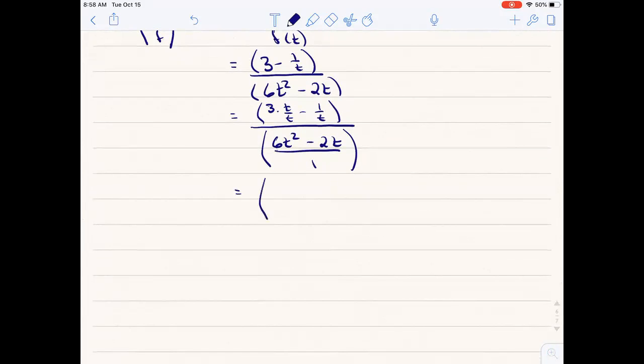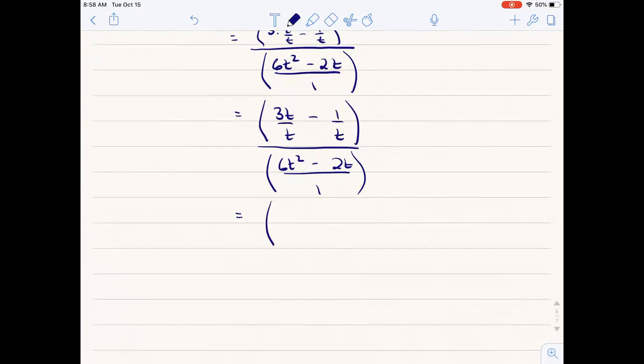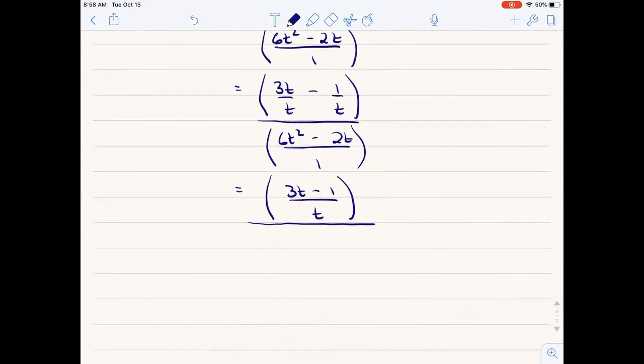So we've got 3t over t minus 1 over t, showing way more steps than I need to, over 6t squared minus 2t, technically over 1. I can combine that top with 3t minus 1 all over t, because we've got that common denominator. And then over 6t squared minus 2t over 1.